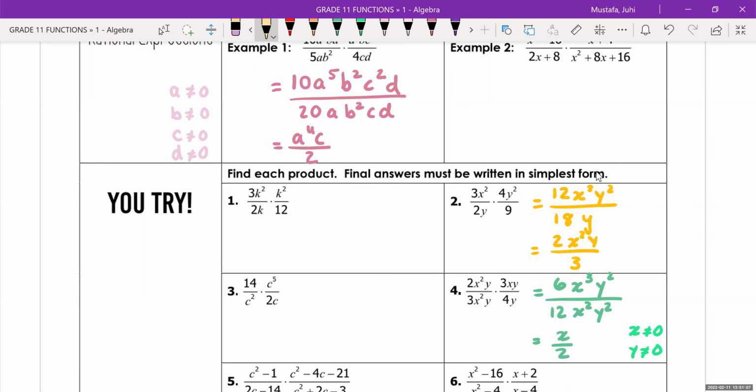Okay, and then when I'm stating the restrictions, I just look at the denominator, in this case just the original one, because we didn't really factor anything out. And the only restriction is that y cannot equal 0. Because if you made y 0, then the denominator would be 0, and then the whole thing would be undefined, which is what we don't want to happen.